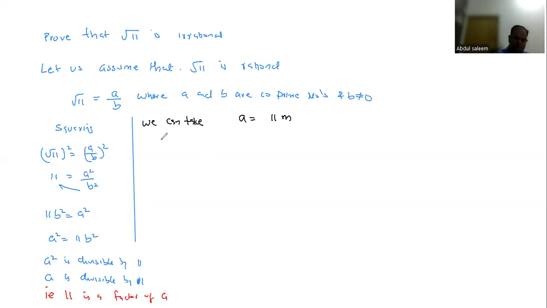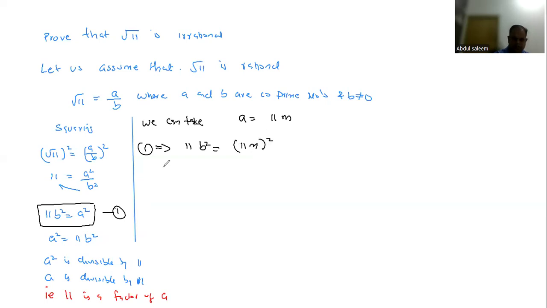Okay. So first we already obtained 11 b square is a square, right? We can make this as equation number 1. So equation number 1 gives 11 b square equal to a square. What is a? 11 into m, a square.